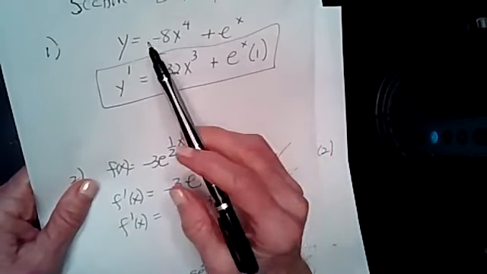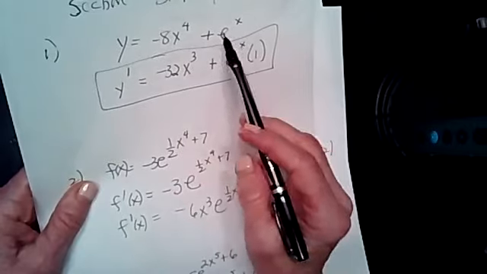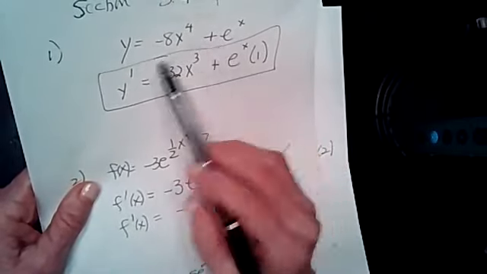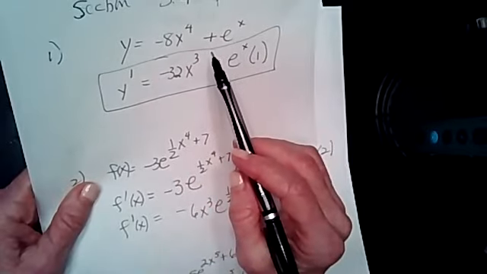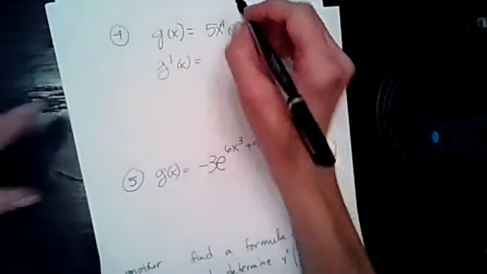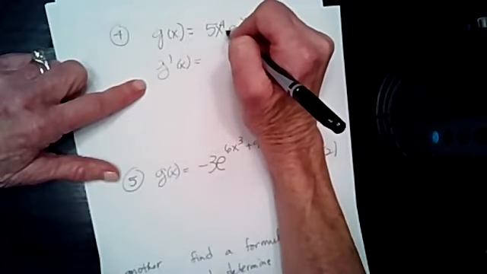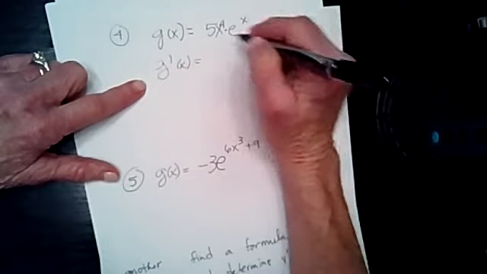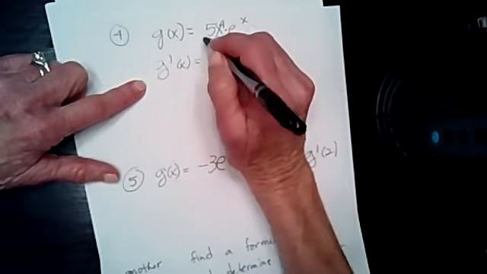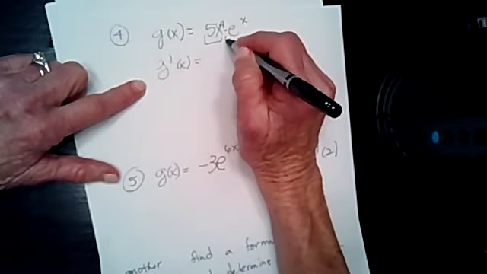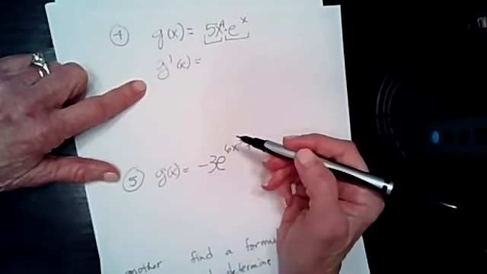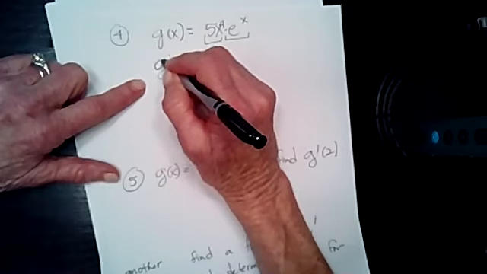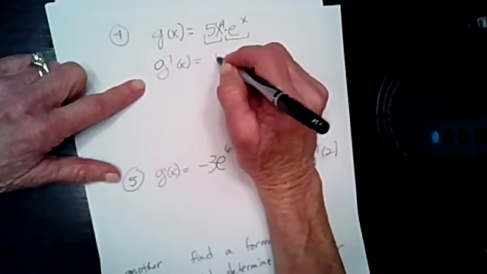So we took the derivative of this term plus the derivative of this term, which is always what we do when we add or subtract terms. But when we multiply 5x to the fourth times e to the x, we have the multiplication of two terms. So how do I take the derivative of two terms multiplied together? It's the product rule.